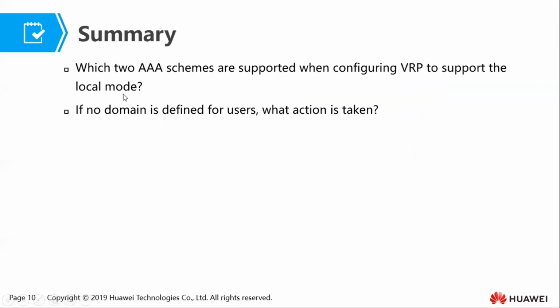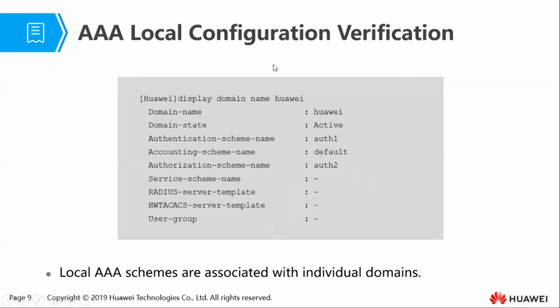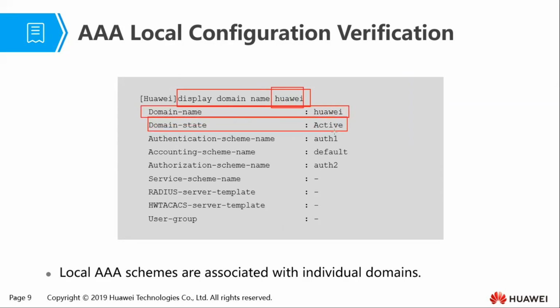We can always reveal the details of a particular domain by using display domain name, then the name of the domain. We can get the details, like the name of this domain is Huawei, the state is active, the authentication scheme name is auth1, the authorization scheme name is auth2.